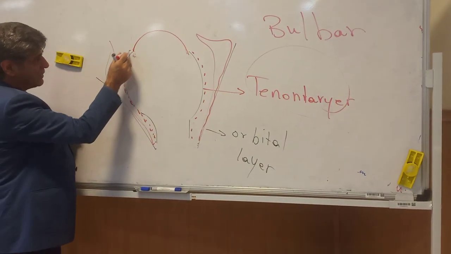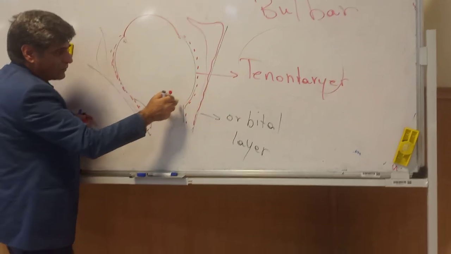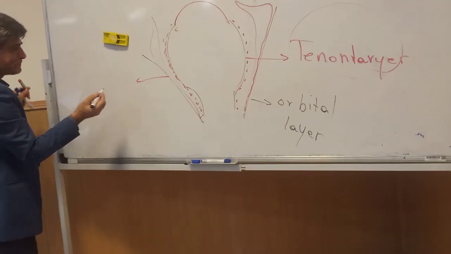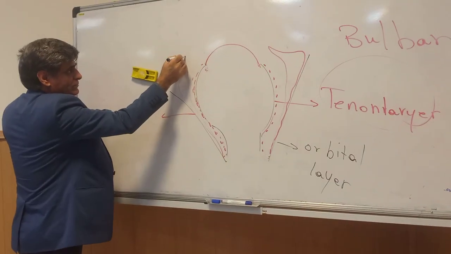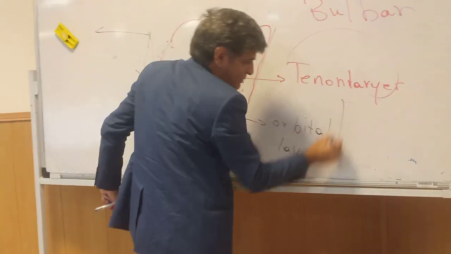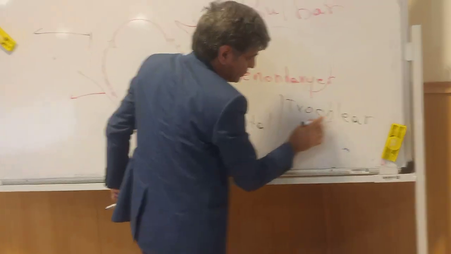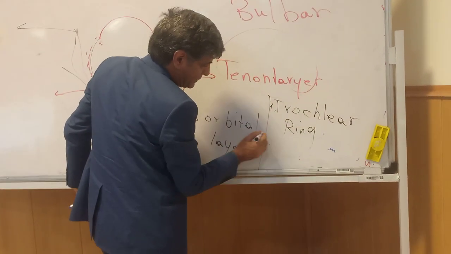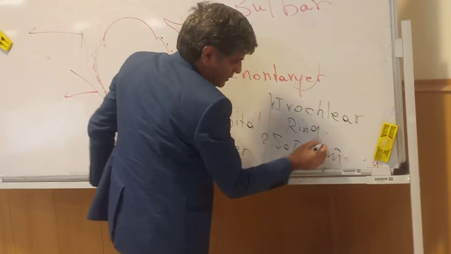The Tenon layer covers all of the outer part of the eyeball. Okay, formation of ligaments: this part is the ligament, this is the septum. The orbital layer contains two structures, the trochlear ring and the septum ligament.